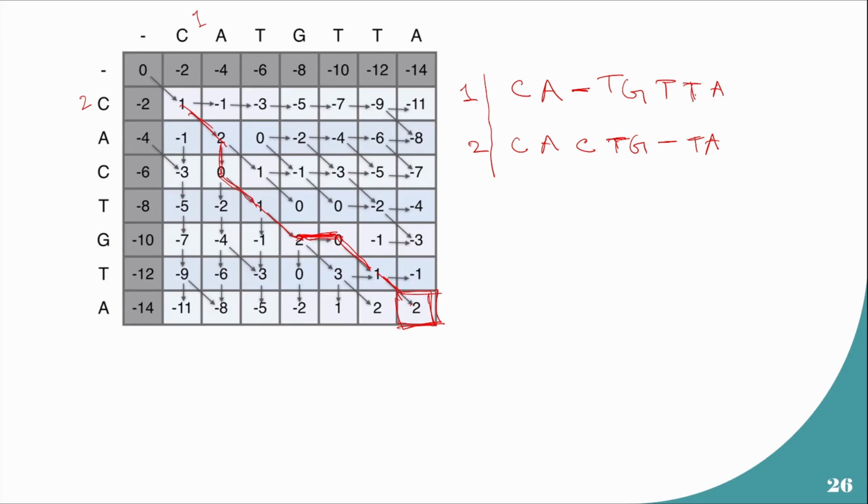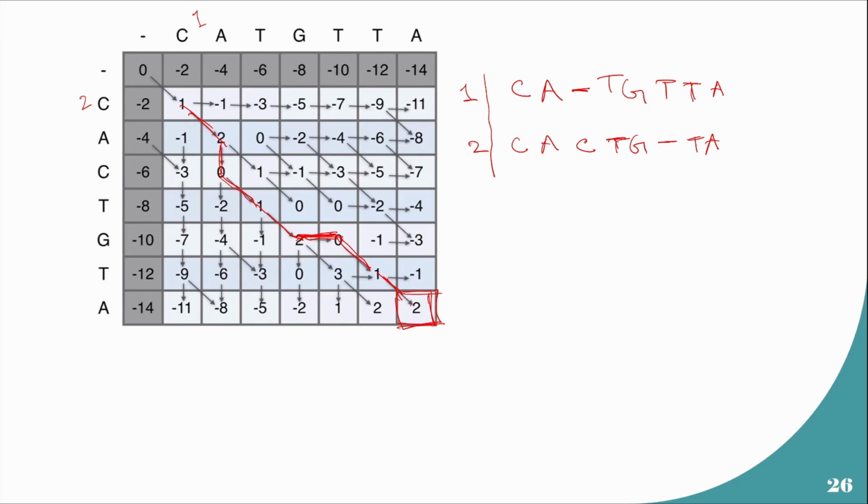Now, does anybody see some sort of another inference that we can get from this alignment? So I have identified the traceback, and that traceback gives us a particular alignment, right? For an alignment score of 2.